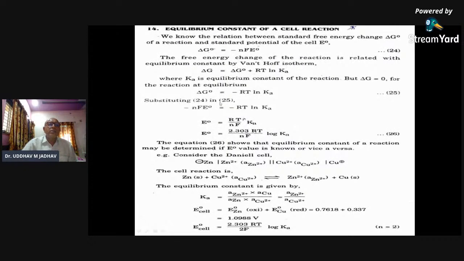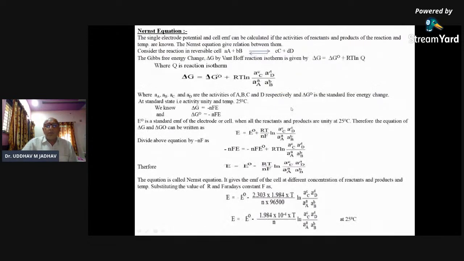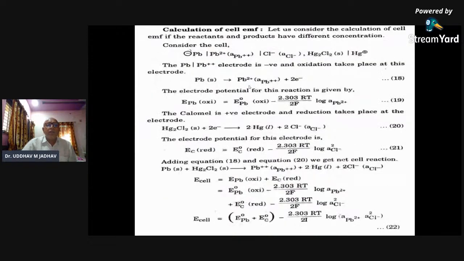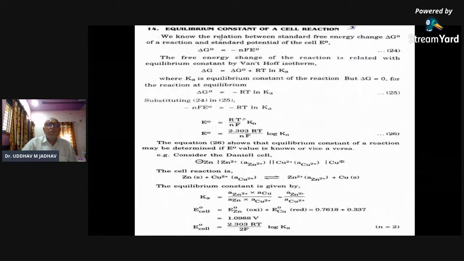Next, in the equation we have seen the reaction quotient. If this reaction is in equilibrium, how can the equilibrium constant of this reaction be calculated from the given cell?